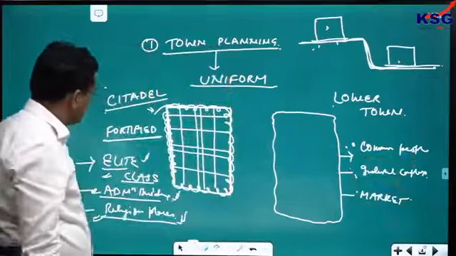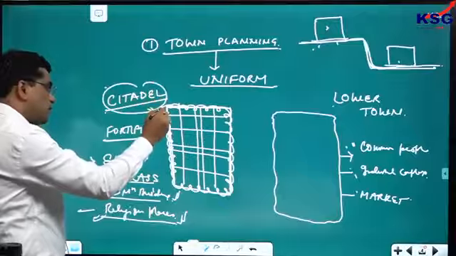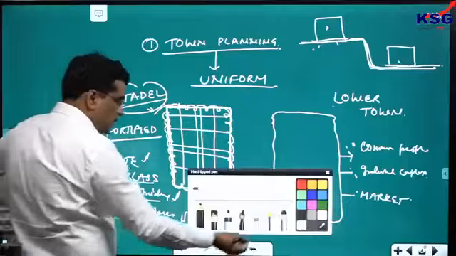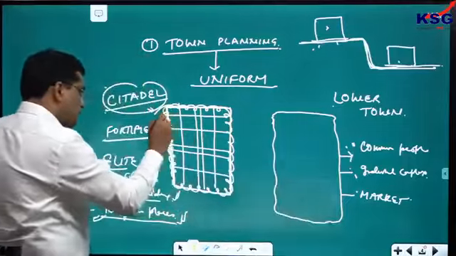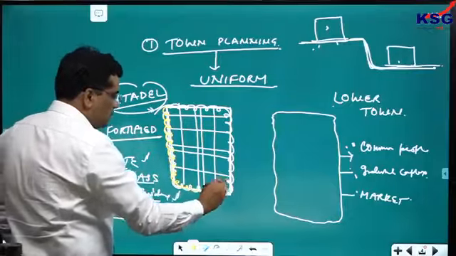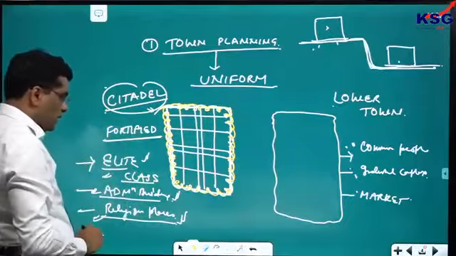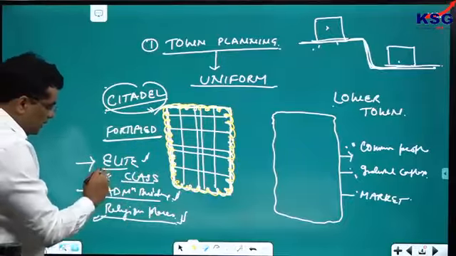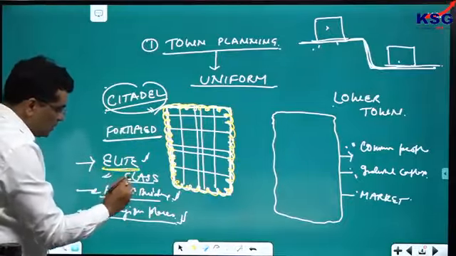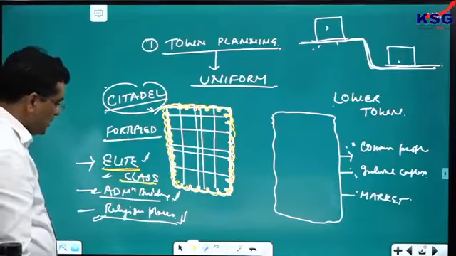The Citadel was fortified either by bricks or stone. Obviously fortification means extra security, and here the elite class people used to stay, like cabinet ministers, parliamentarians.